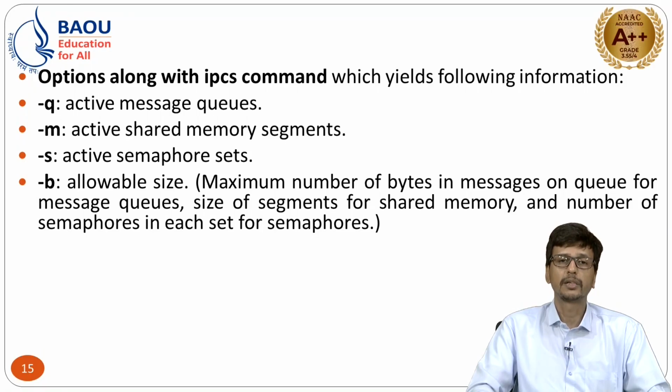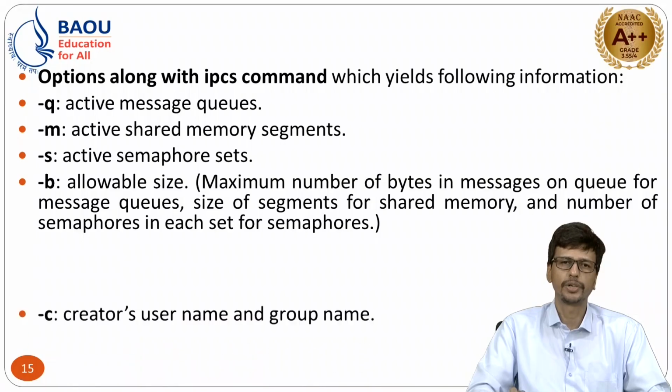If you are using another mechanism, shared memory, then B indicates the shared memory segment size. And in the third case, if you are using a semaphore, then the number of semaphores available is represented by this B option. So according to the mechanism, the value indicates the size for whichever mechanism you are using.